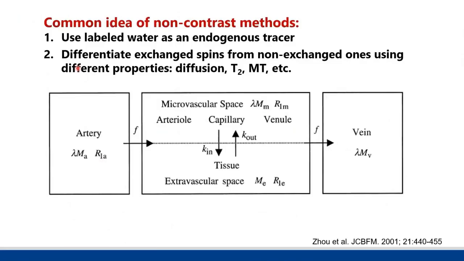So to summarize a little bit, the common idea of all these non-contrast based methods is that you first use labeled water spins as an endogenous tracer, and then you wait for that to be exchanged between the tissue and blood compartments. As long as you can separate the tissue compartment and blood compartment, you will be able to calculate this water exchange rate.